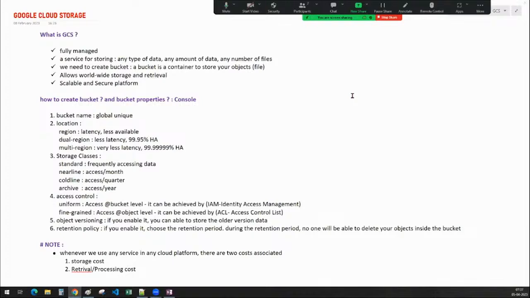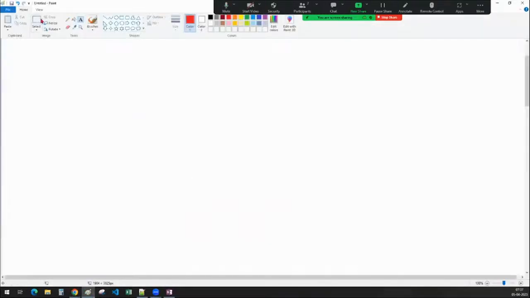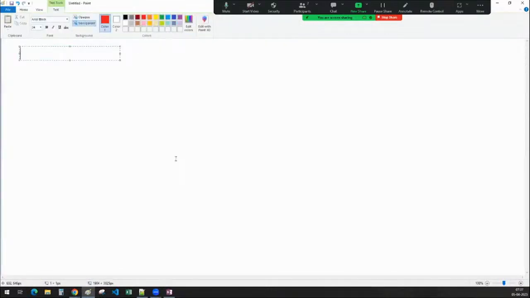Now the question is how to create a bucket. As I told you, if I want to work with any service in GCP, there are two ways to interact with it: via the console, or via a command line tool.